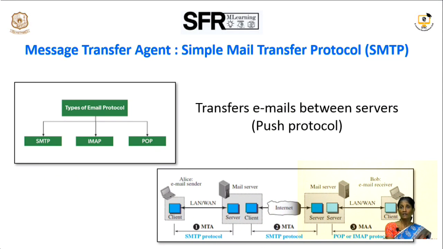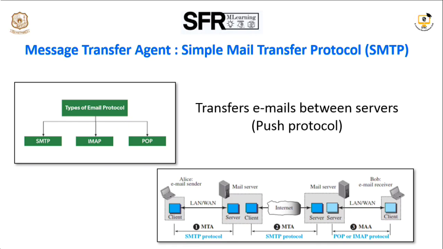And the second component in the email architecture is the message transfer agent. In this, three types of email protocols are used. First one is SMTP, second one POP and third one IMAP. These are the three important types of email protocols.